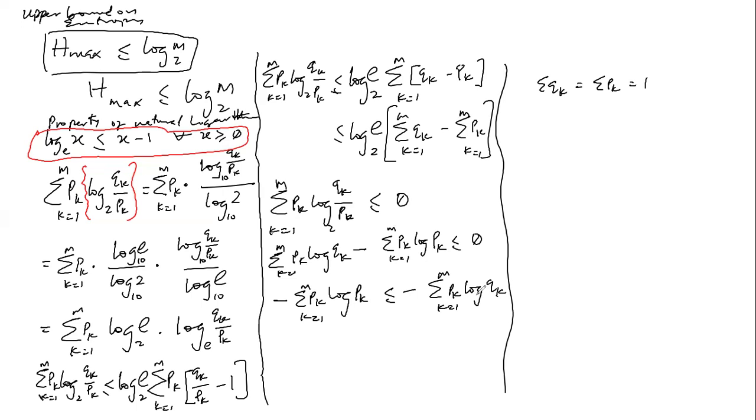Are both ends supposed to be negative? When this crosses the inequality sign, it becomes negative, isn't it? Okay. It's true. Yeah, because this is positive. So it's okay.